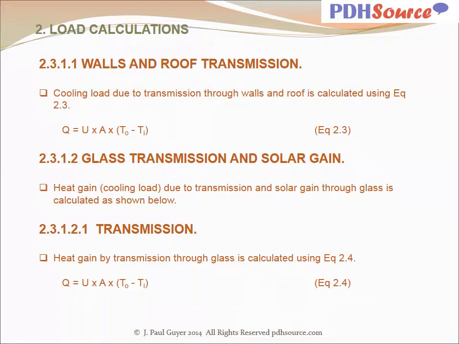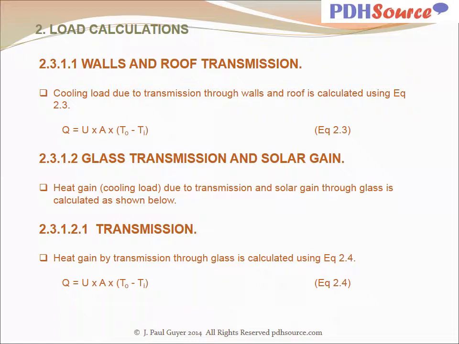Indoor temperature, comfortable design temperature, is around 72 degrees Fahrenheit. U is a heat transmission factor, which is something that you just look up in a book for the glazing system that you have, or the wall construction or the ceiling construction that you have. And A is the area of the surface that you are calculating.